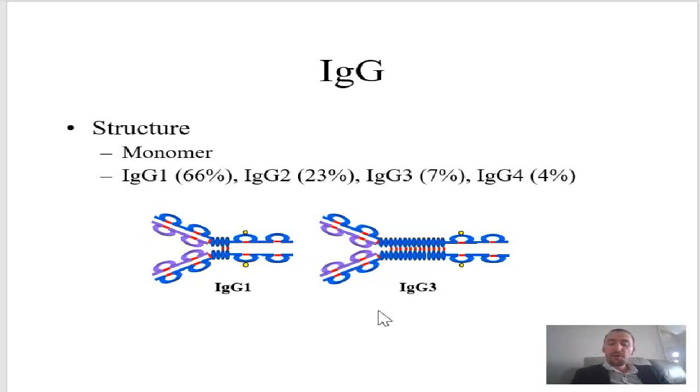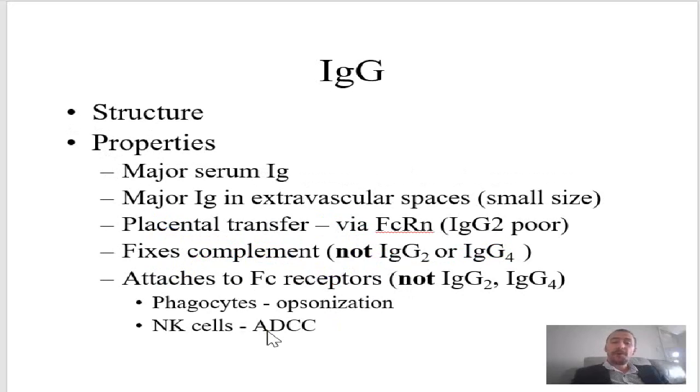One of the main differences between IgG1 and IgG3 is the length of the hinge region. In terms of properties, it's the major serum immunoglobulin, and as I said earlier, a major immunoglobulin in the extracellular spaces due to its small size.